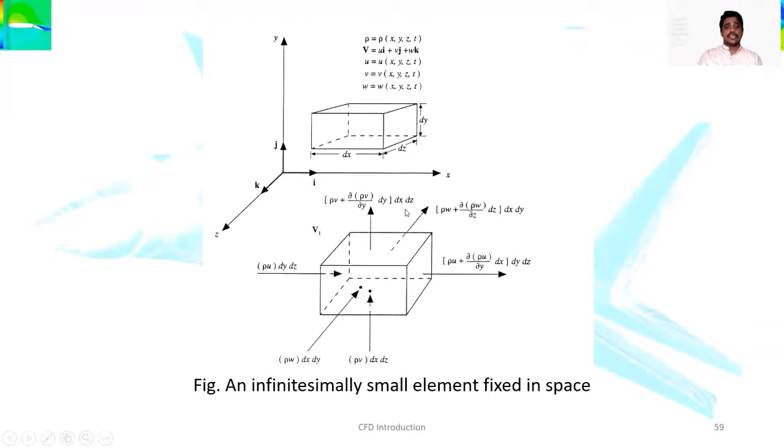As the control volume is fixed, as you can see on the screen, let us take that the fluid is entering from all three directions. The fluid which has entered in the direction of x, as we can compare in the above one, the mass flow which is entering from one side and leaving out on the other side.